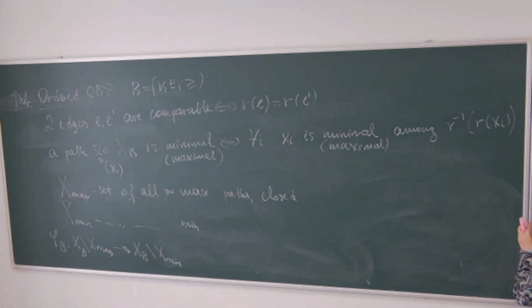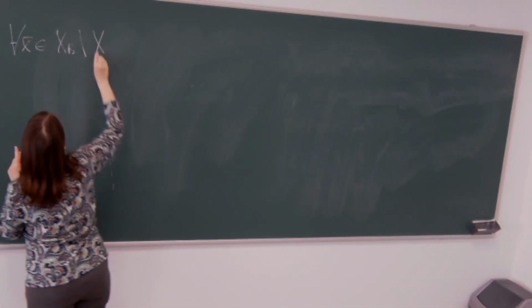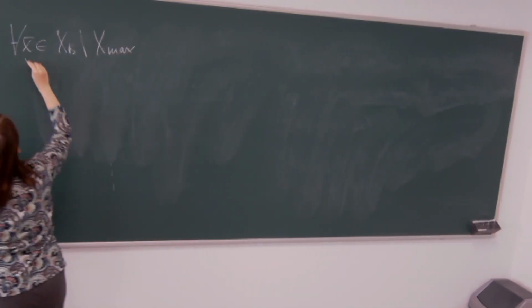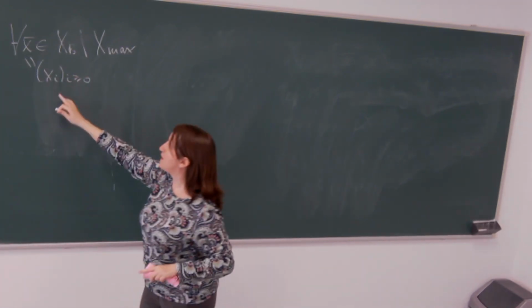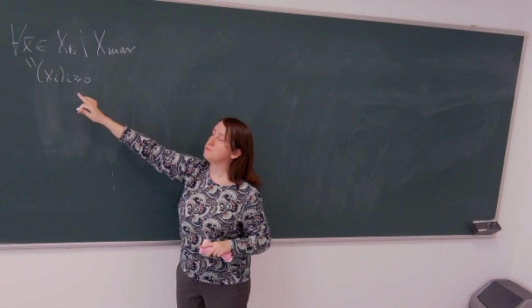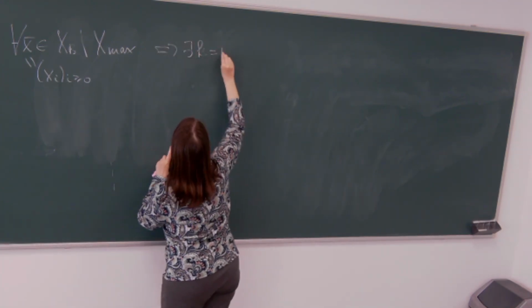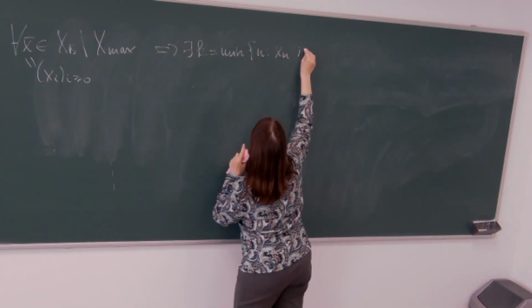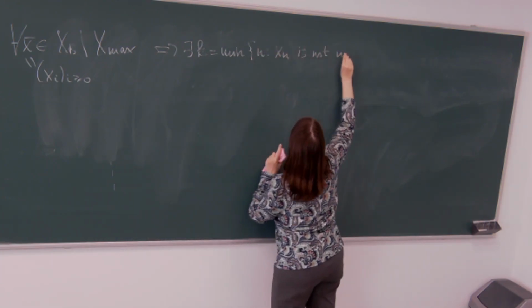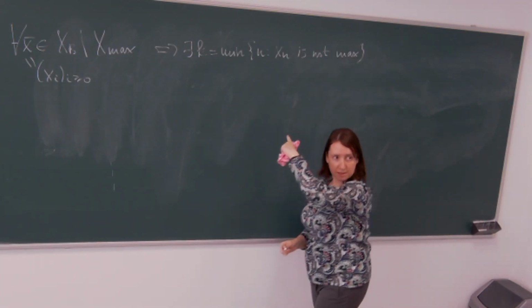So once we have an arbitrary non-maximal path, that means that we can find the first non-maximal edge. Then this edge has a successor.